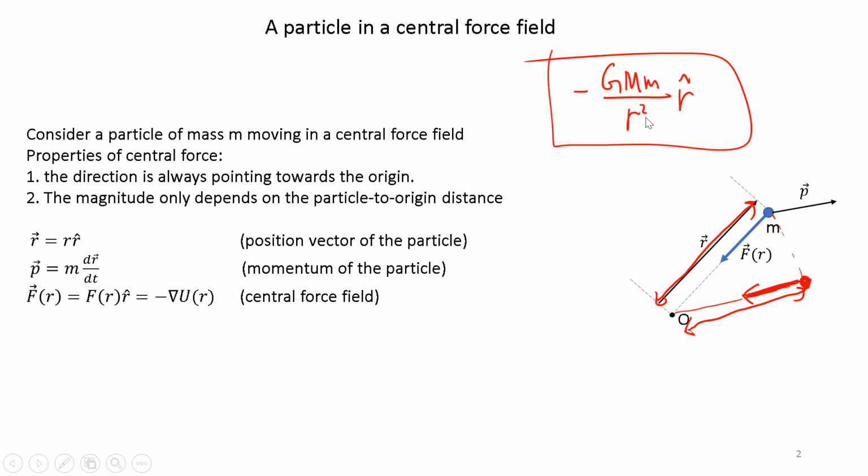No theta dependence, and the direction is always given by this r hat vector. And of course, we are going to consider the conservative force, so it can always be written as the gradient of some potential function.